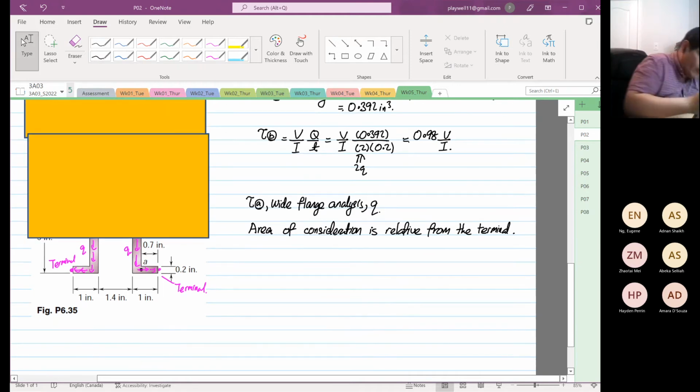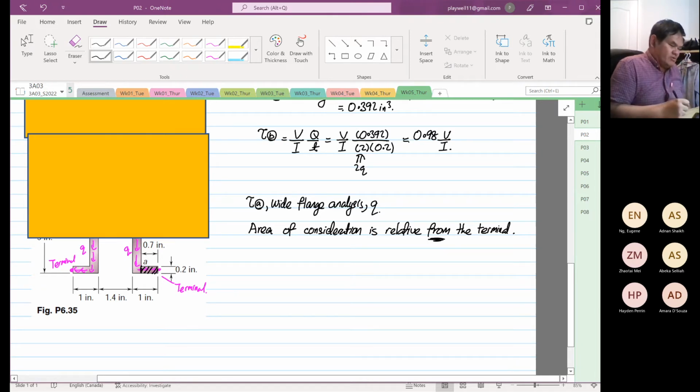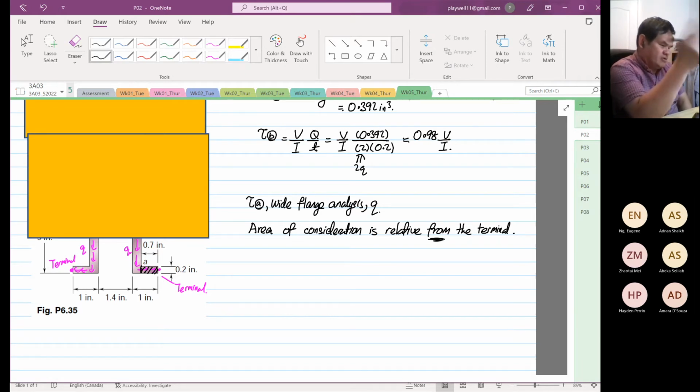Okay. So for this case, at point A, we are only going to consider this area over here. Okay. From the terminal. Okay. So regardless of the Q direction, everything is from the terminal.